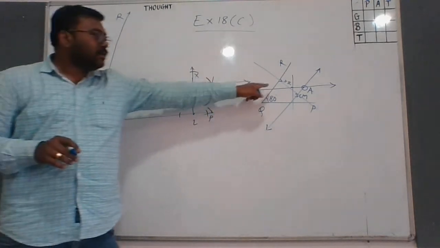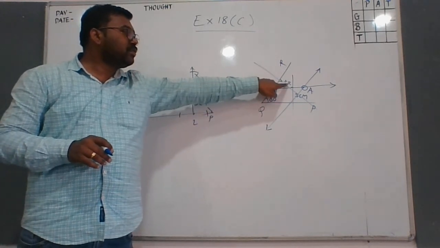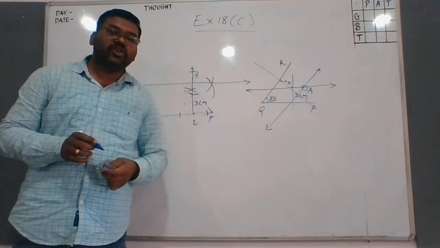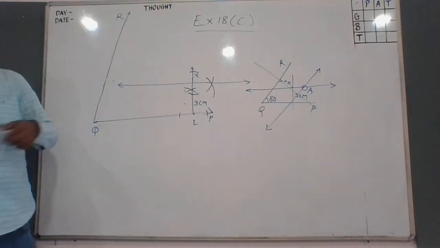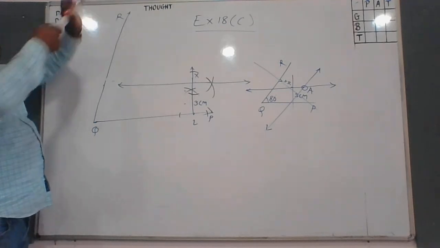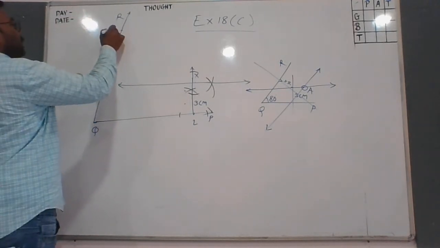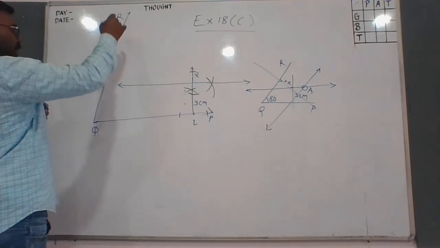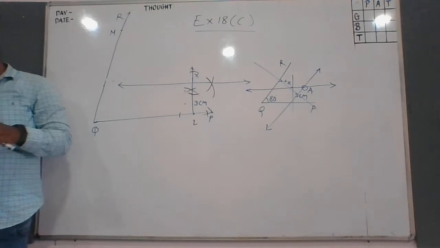Then, second part, from the RQ at a distance of 3.5, we have to draw another parallel line to RQ. So again, for that, put the pointer here, take a point M here for 3.5 centimeter distance.